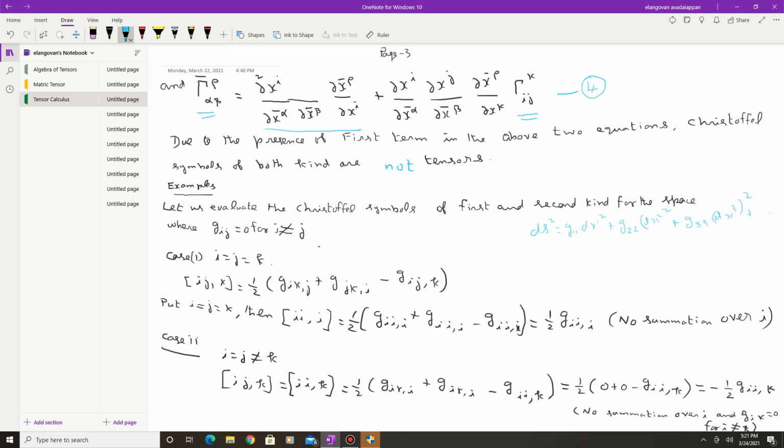So only g11, g22, g33 are present. For any g_ij, this will be 0 when i is not equal to j. In this case, let us first consider the case when i, j, k are equal.